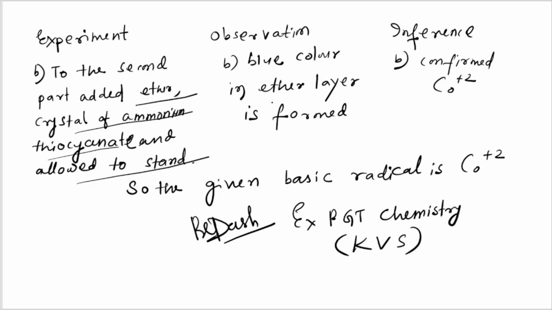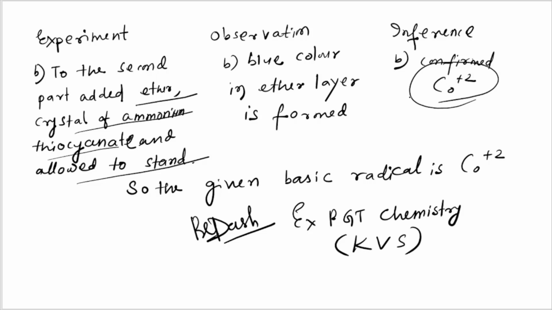So the ether remains as a layer, and above it the blue color formation is there. Blue color found in the ether layer indicates Co+2 is confirmed. Again listen, to the second part solution add ether and ammonium thiocyanate crystals, and allow it to stand. Blue color in the ether layer is formed, which indicates Co+2, cobalt+2, is confirmed.